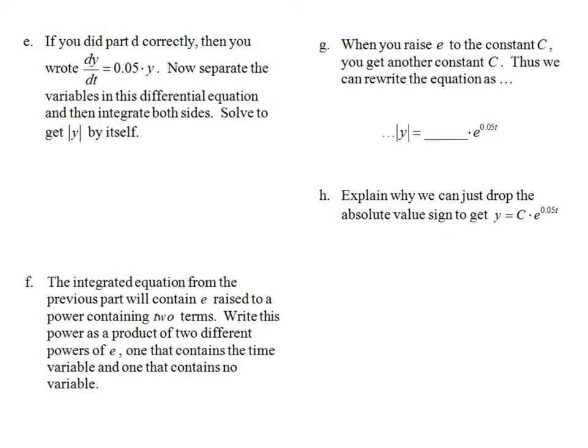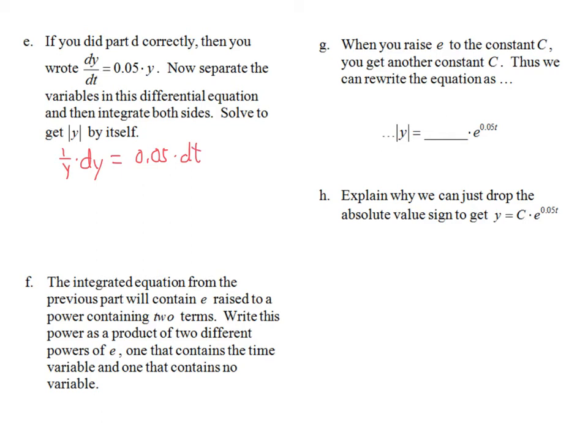So let's see. Looks like I'll need to get the dt over the other side and then bring the y over to the left-hand side. See if you don't agree, that would give us 1 over y times dy equals 0.05 times dt, and I think it's wise just to leave the 0.05 on the right-hand side.